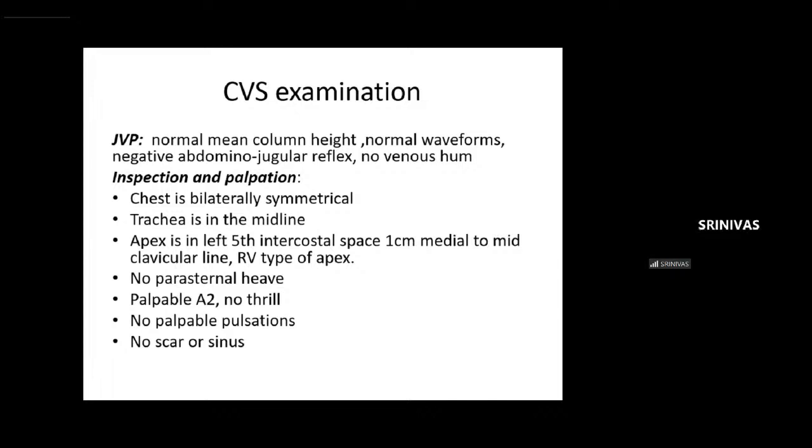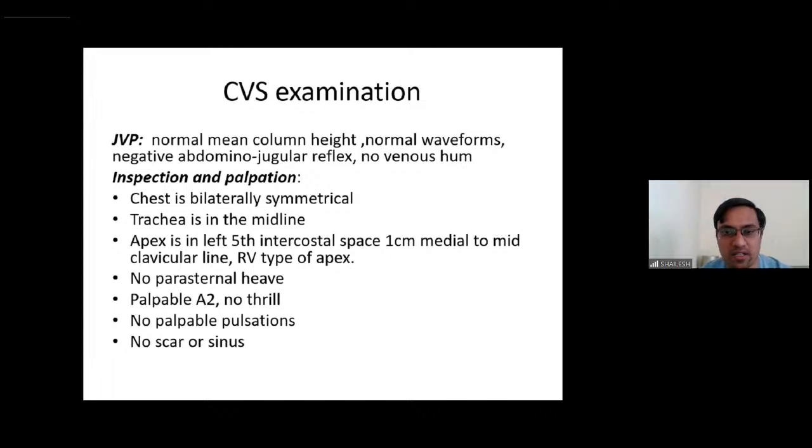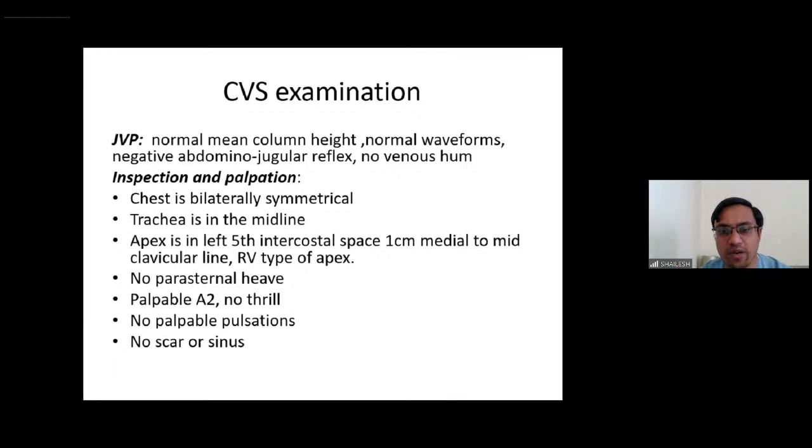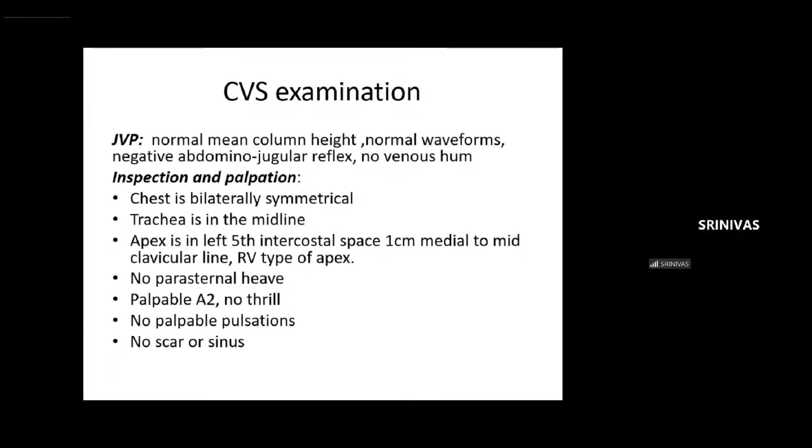And conversely, when do you get elevated JVP in a TOF patient? Sir, JVP can be elevated in cases of TOF if there is a restrictive ventricular septal defect, or more commonly if the ventricular septal defect is partially closed by the septal leaflet of the tricuspid valve. Lap valve VSD. Okay, that is one.